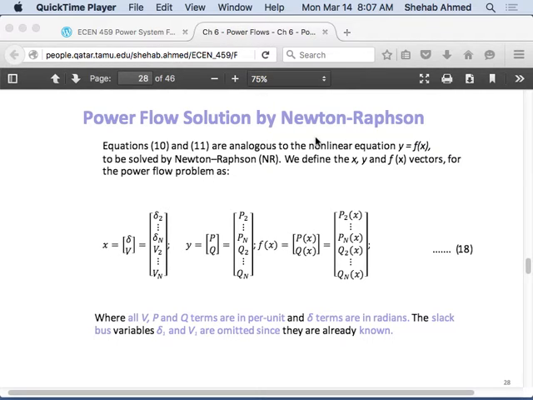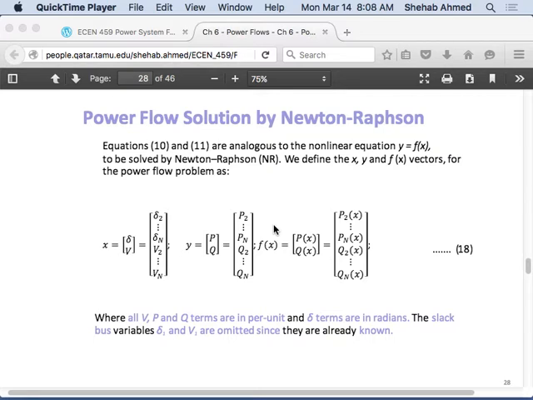So we put all the equations that we have in the format of y equals f of x, and y in this case is all the active and reactive powers at the various buses that you are looking for, right? And then the V's and the deltas are also the corresponding voltages and angles at the buses that you're looking for, right?